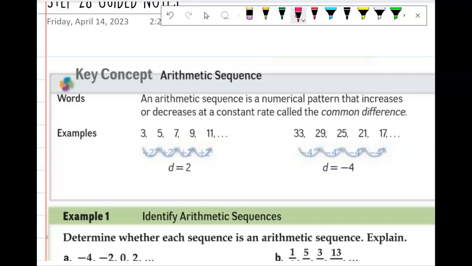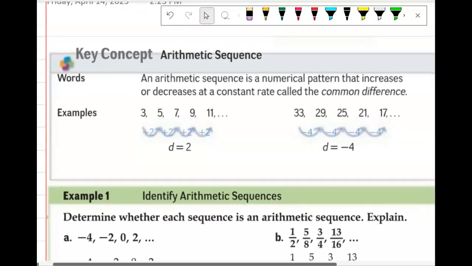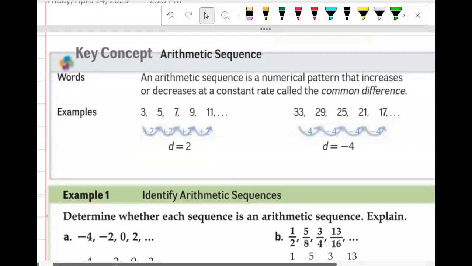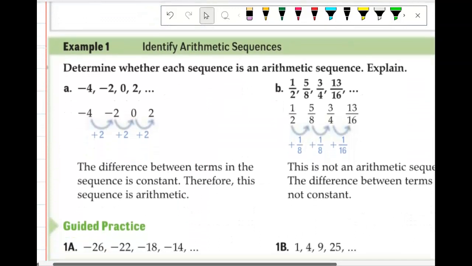Well, you can clearly see we're just adding 2 every time, which means there is a common difference between the terms. That common number is 2. Over here, to get from 33 to 29, 25, 21, 17, and so on, we're just subtracting 4. If you can find that pattern between a series of numbers, it's considered to be an arithmetic sequence.